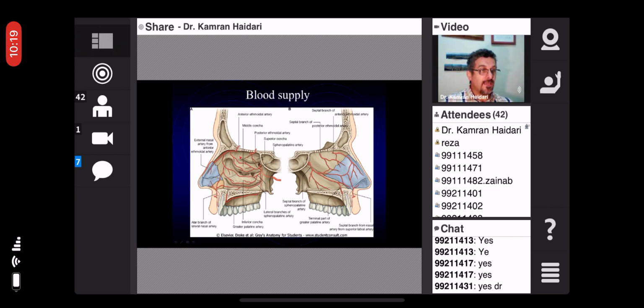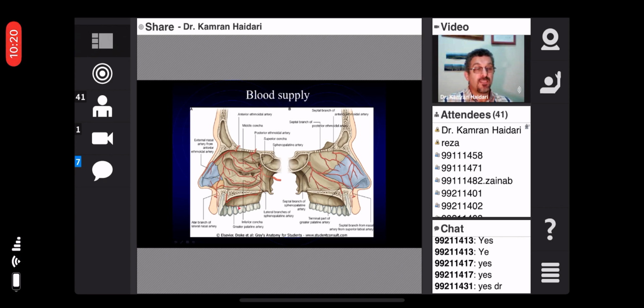We've got other sources like anterior ethmoidal and posterior ethmoidal, which branch from the orbit, come here, and have an anastomosis with the sphenopalatine artery. Another source is the greater palatine artery.